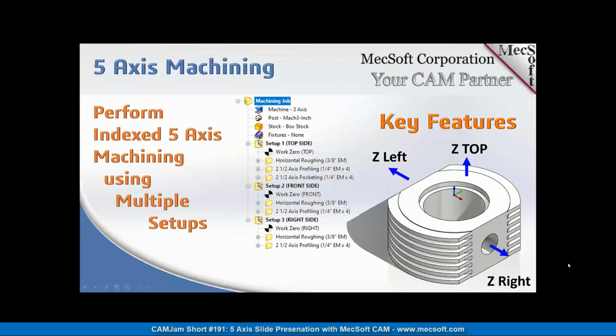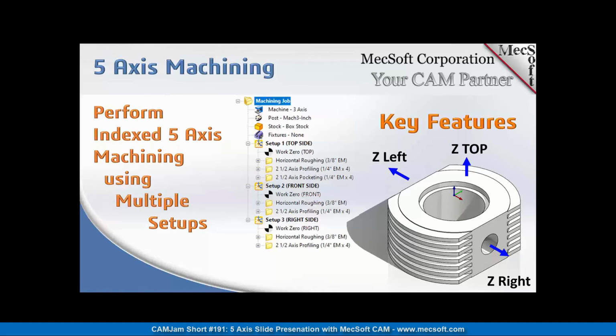Okay, we have this slide here just so you know that you can run 5-axis in an indexed orientation, meaning that you can index your 5-axis machine to access any side of the part that you can get to in a 5-axis setup.